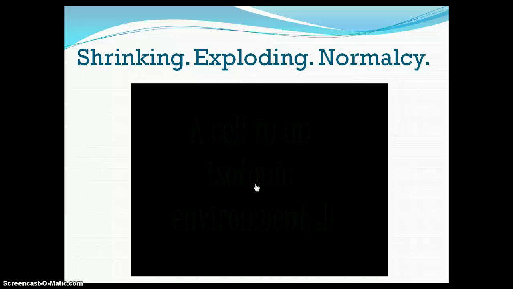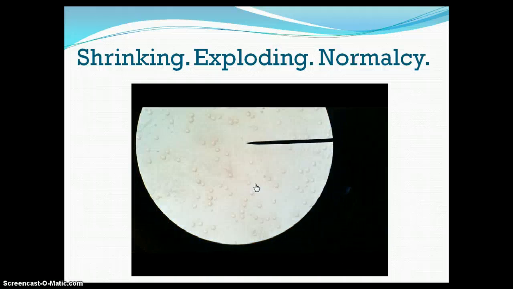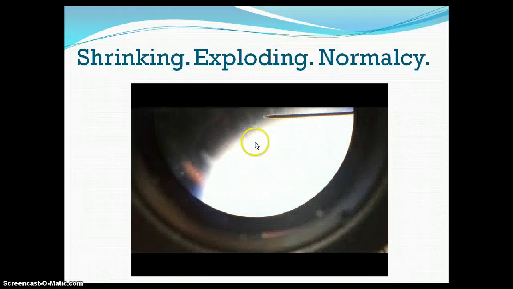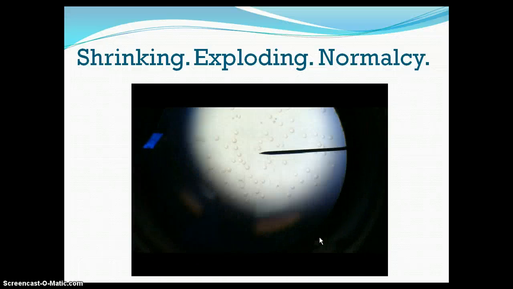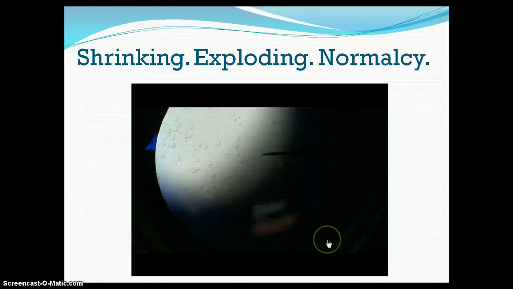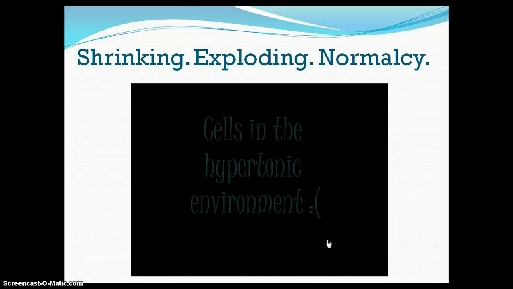That is the ideal concentration to be in for our cells. Unfortunately, I don't have a very steady hand, but we can see that they're round, that they have a very good shape and structure to them. This is what our cells typically look like on a normal day, because they are in an isotonic environment.